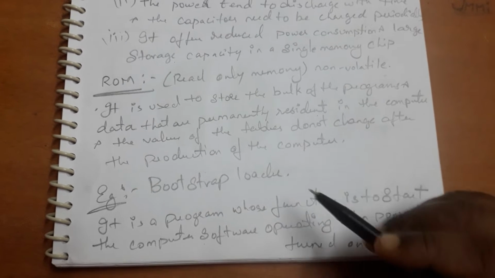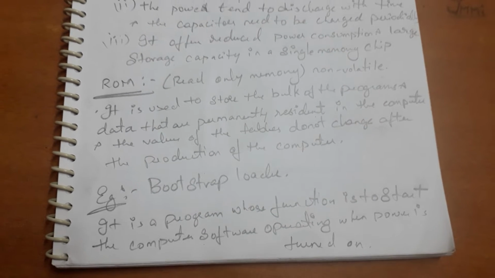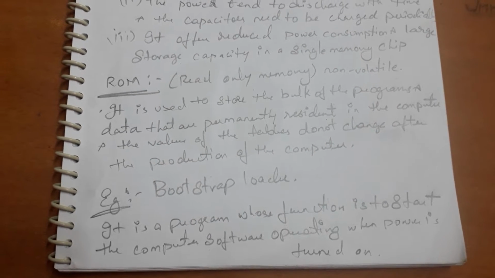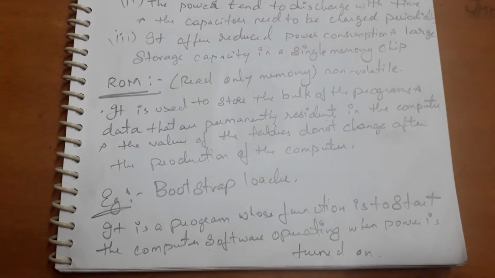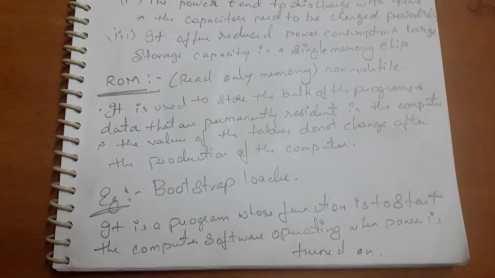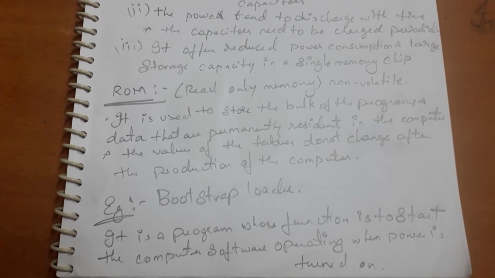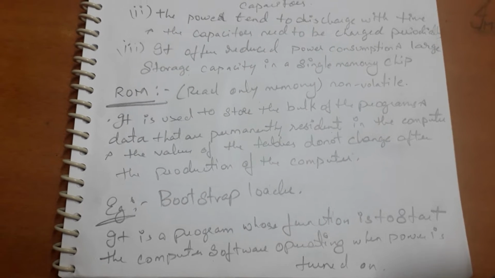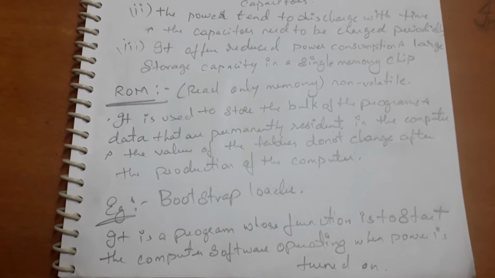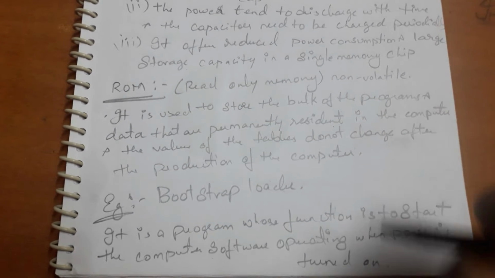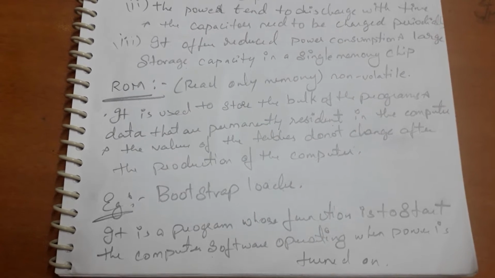What I mean by this statement is that ROM stores bulk of programs, and the contents of the ROM will not change once it is produced or released into the market.